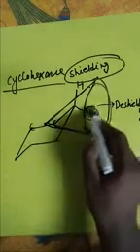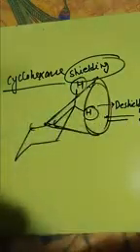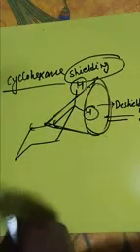For example, in case of cyclohexane, the axis of the CC bond is the axis of the deshielding cone. This is a deshielding cone, and this hydrogen comes into the deshielding region, and this hydrogen comes into the shielding region.